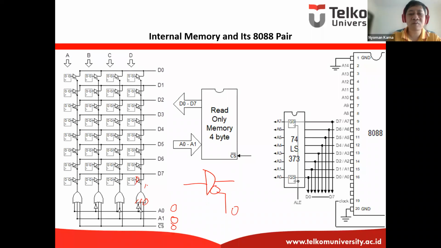But because we send 1 in here, this row of 3-state buffer will not be active.